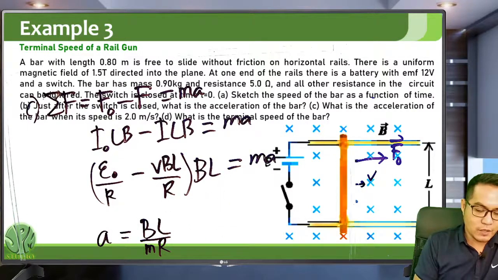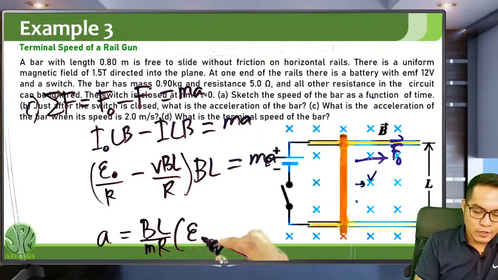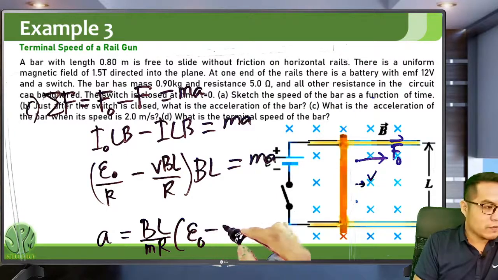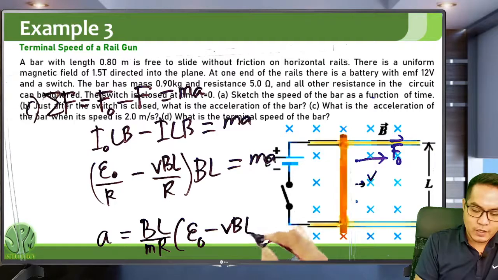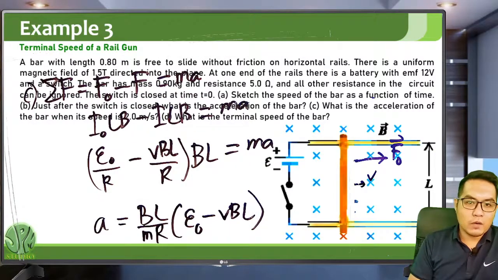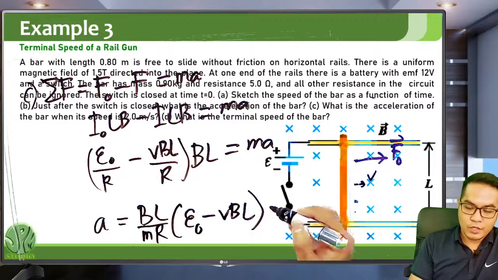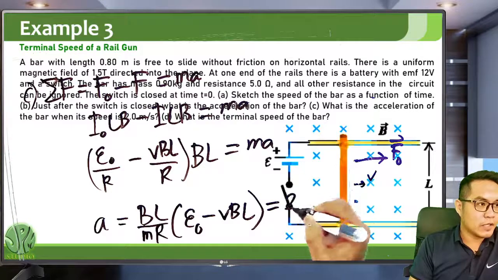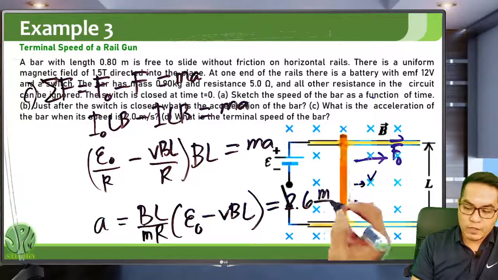So BL over MR, then you have epsilon naught, the original EMF, minus VBL. These quantities are already given, so you substitute all of that and you will get a value of 2.6 meters per second squared.